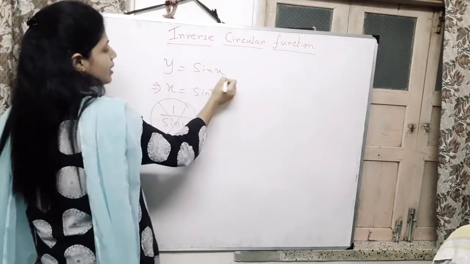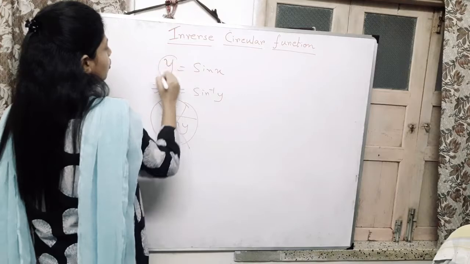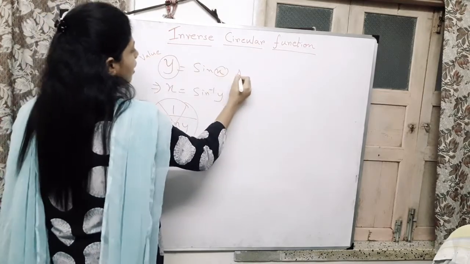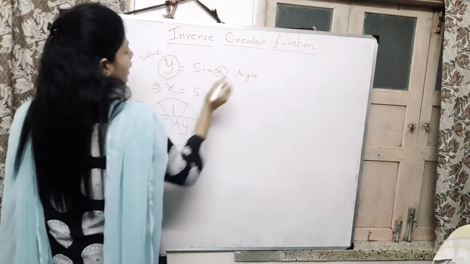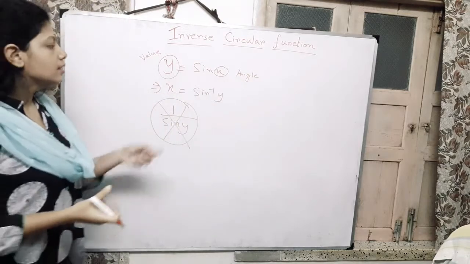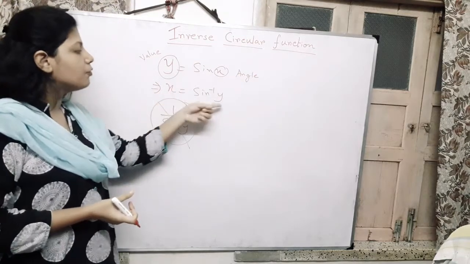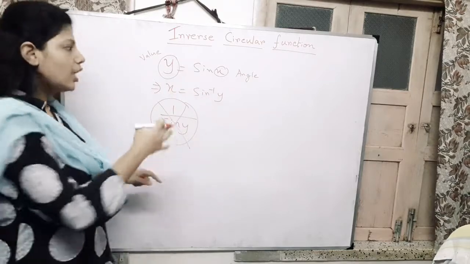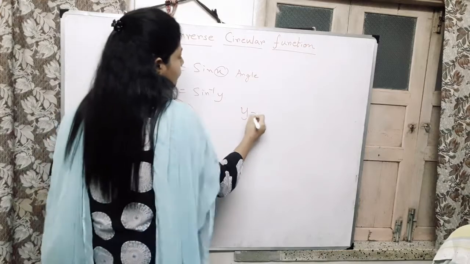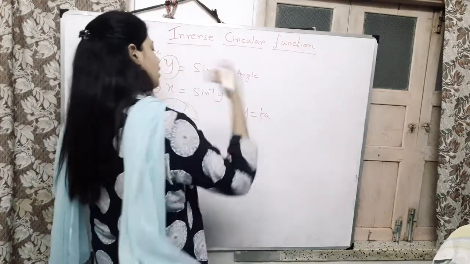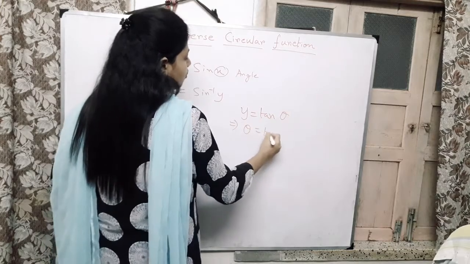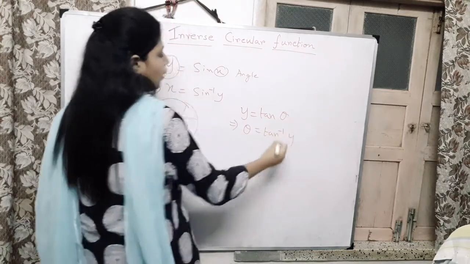If y equals sin x, that means y is a value and x is some angle. Now if I have to write that angle equals some function of the value, then I will apply inverse here. Just like that, if I take y equals tan theta, that means theta equals tan inverse y.